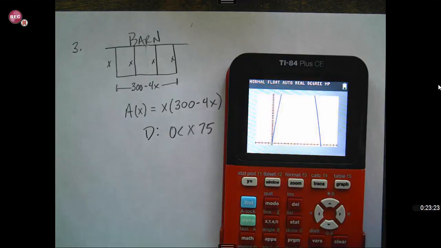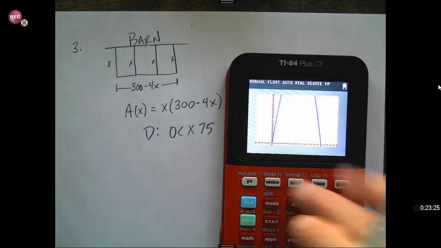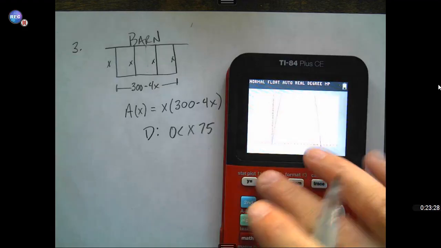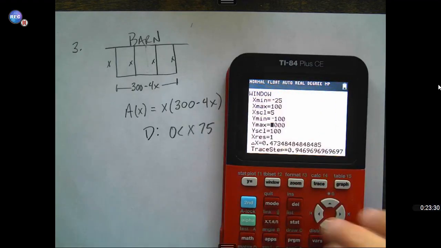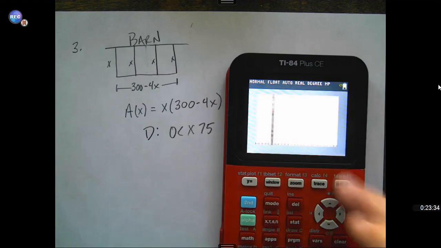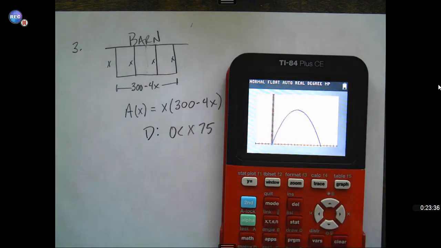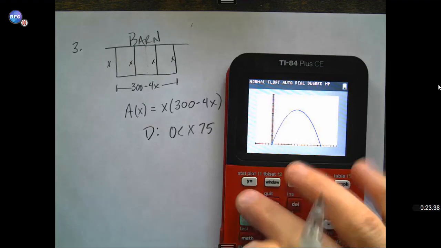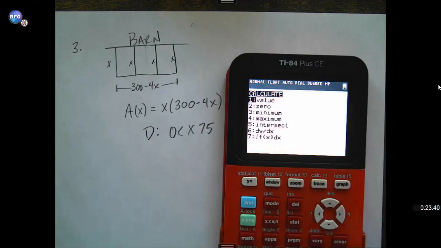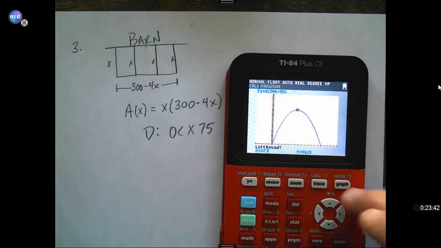Oh, not high enough. Still not seeing that vertex up there. So go back to window, and I need to change my Y max to maybe 8,000. And there it is. Okay, so now I go to second trace, which is calculate. I want it to calculate that maximum.